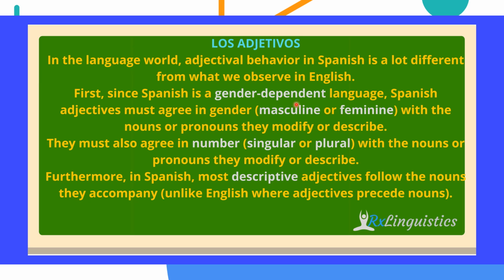Okay, so I will see a few examples of adjetivo calificativo today, and in future lessons we will see los adjetivos determinativos, and there are many of them. Possessive adjectives are one type, demonstrative adjectives are another type, numeral adjectives are another type.